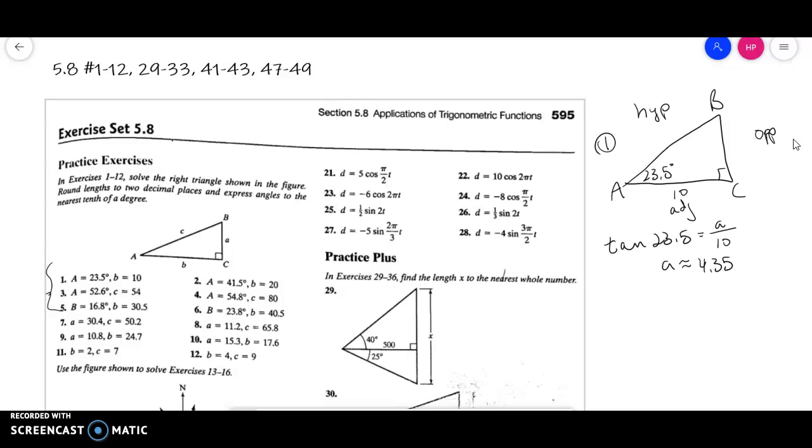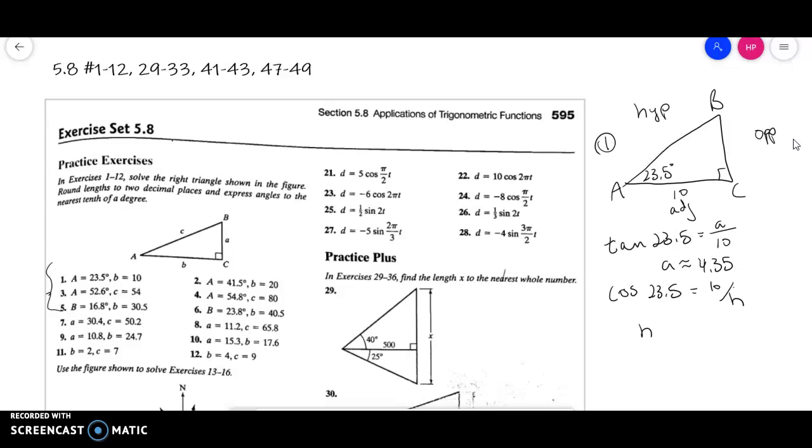So now I could technically use Pythagorean theorem if I wanted to. I have 2 of my 3 sides. I could do a squared plus b squared equals c squared. I like to stick with what was given so that we don't have any round off error. So if I look at my adjacent side, and I'm now trying to find my hypotenuse c, adjacent over hypotenuse is cosine. So the cosine of 23.5 degrees would be equal to 10 divided by the hypotenuse.